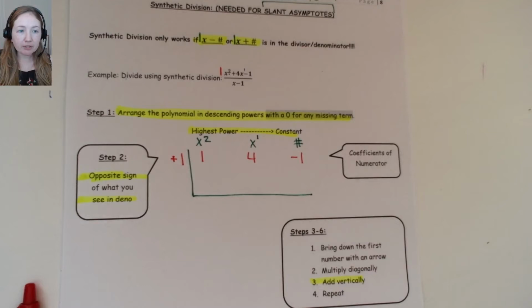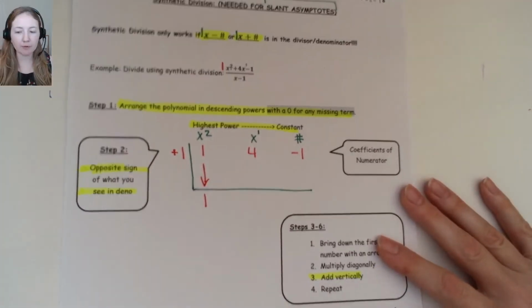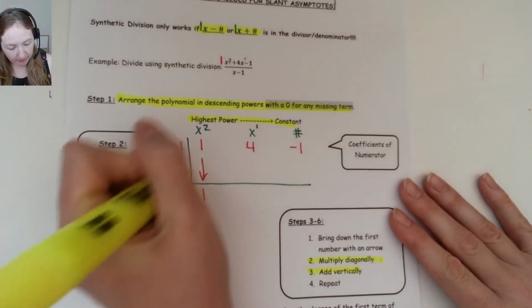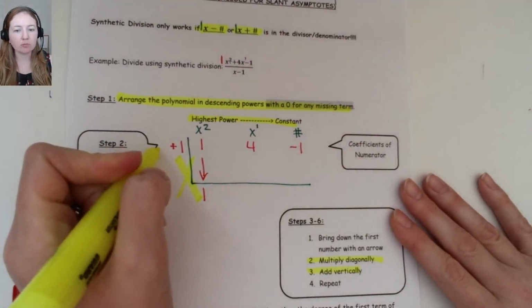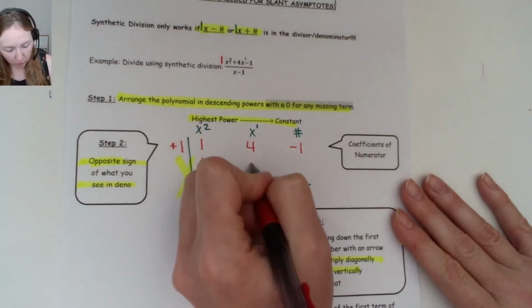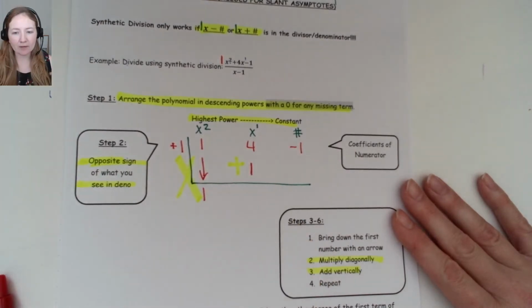All right, so now we go through a process similar to long division. We first bring down the first number, and then we multiply diagonally. I always think of it as a diagonal movement. So I multiply 1 times 1 to get 1, and then I add vertically.